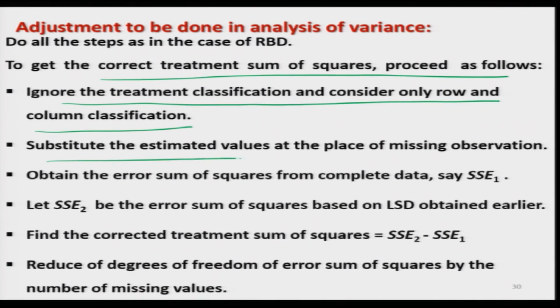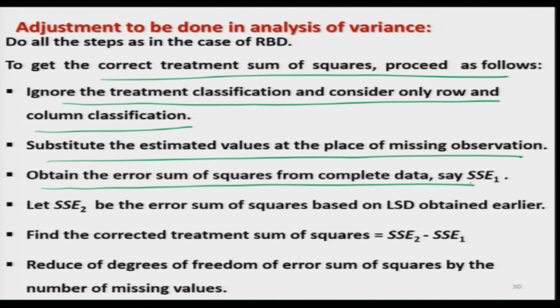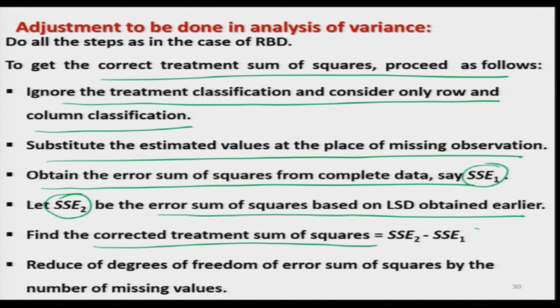Then, with the value that you have obtained in place of the missing observation, obtain the error sum of squares from the complete data, let us call it SSE1. Then obtain the error sum of squares based on the Latin square design obtained earlier, indicated by SSE2, and the corrected treatment sum of squares is obtained by SSE2 minus SSE1.